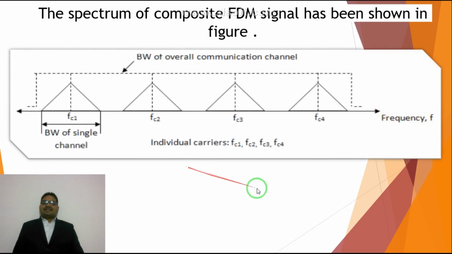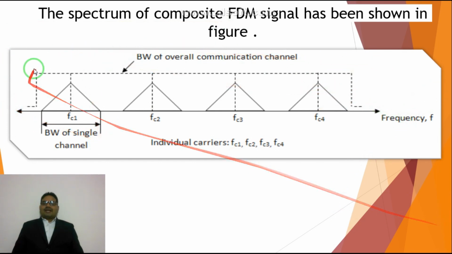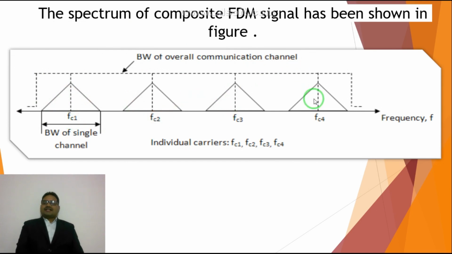Now you can see the spectrum. This is the bandwidth of your overall communication channel. And this is the bandwidth of an individual channel, which has a center frequency FC1. This channel has a carrier frequency FC2, FC3, FC4, like this.